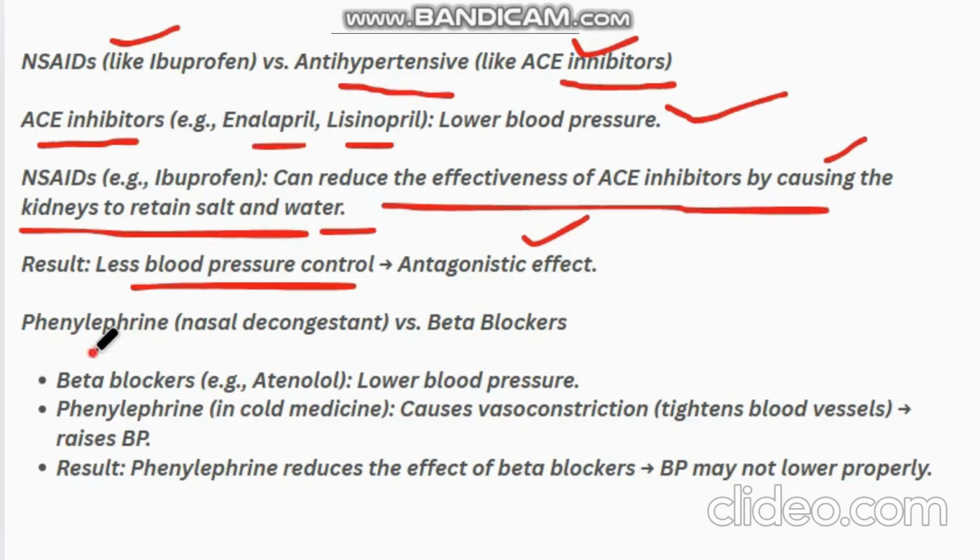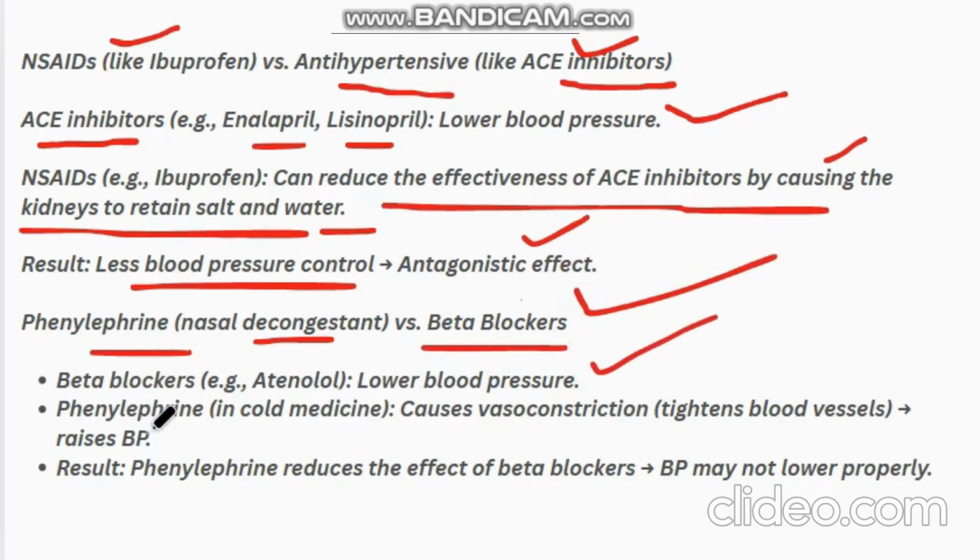Similarly, here one drug is phenylephrine. The main action is as a nasal decongestant. It acts to decongest the congested nasal route, in case of cold. And the beta blockers are there, which block the beta receptor in the heart and act as antihypertensive drugs, means they will lower the blood pressure.